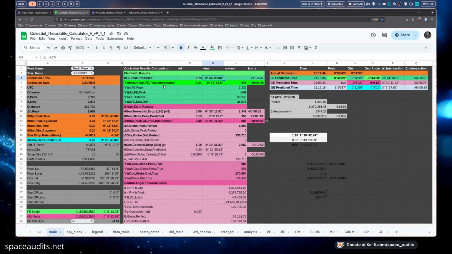So that's what equals that. 21/11/40 gives you the true position of the star at 58, correct? 58:43. Yes, sir. And then FE predicted, boom, 44:29, and that's just based off of rise over run from the distance. That distance is the run, the arc length is the equivalent. Got it. Yes, sir.